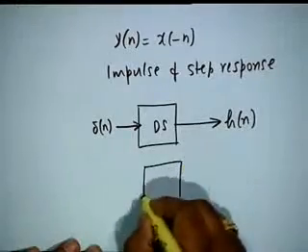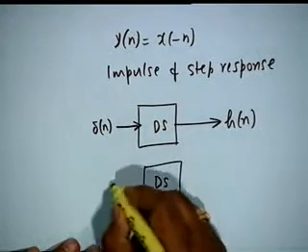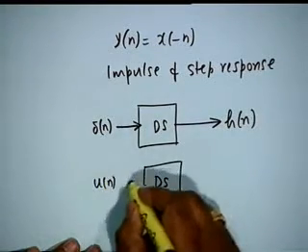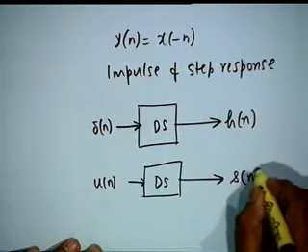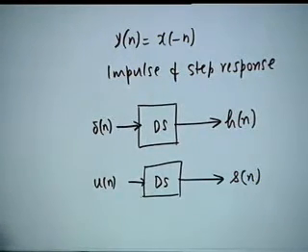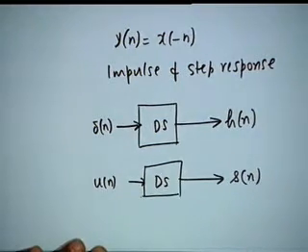If the system has an output before n equal to 0, it means the system is non-causal. Similarly, when you apply u of n to the same digital system, the output is usually denoted by small s of n, that is the unit step response. The symbol small s is usually reserved for the analog complex frequency, and when there is a chance of confusion, we shall not use s of n to denote unit step response.